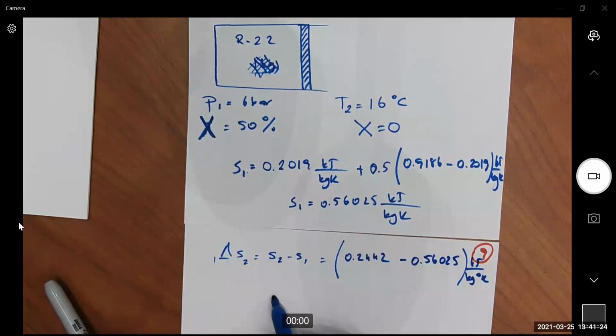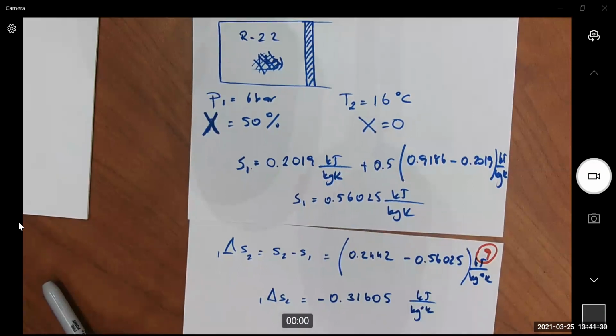And the entropy change from state 1 to state 2 is minus 0.31605 kilojoules per kilogram Kelvin.